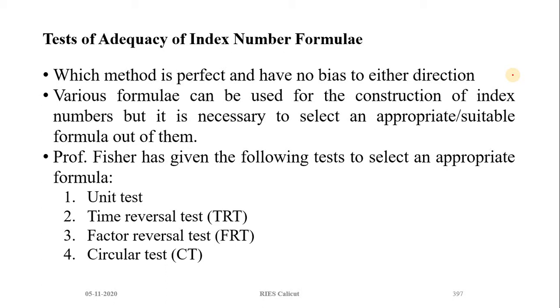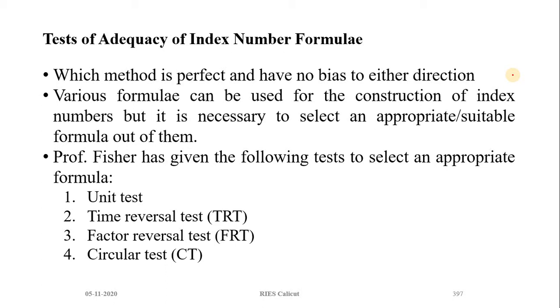Professor Fisher has given two tests. The first one is the time reversal test, and the second one is the factor reversal test. On the basis of these two tests of adequacy, we can find out which one is the best or ideal index number. Similarly, some statisticians have suggested the unit test, and another suggested the circular test.